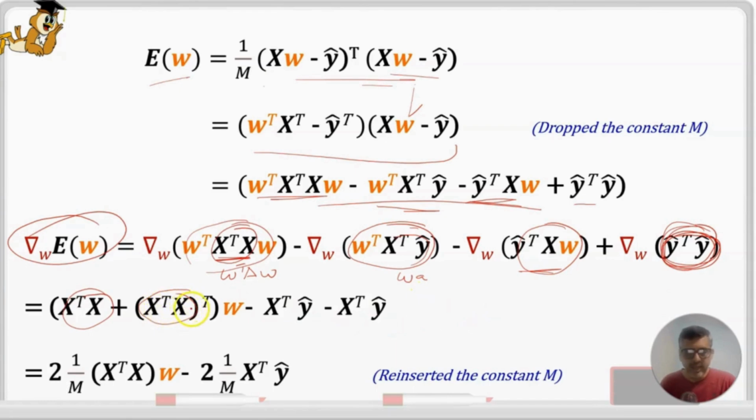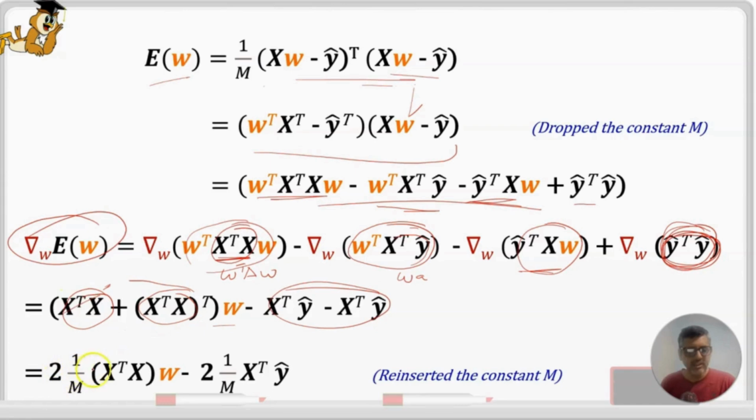Now the last simplification right here, x transpose x, the whole transpose, is simply x transpose x, which is exactly this, right? And here we used identity number 2 from the previous slide, and therefore simplifying this, these two terms are identical.